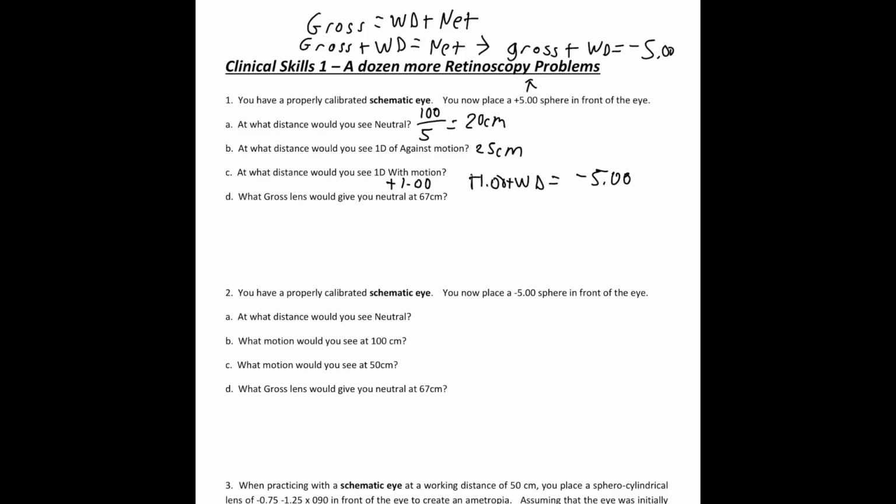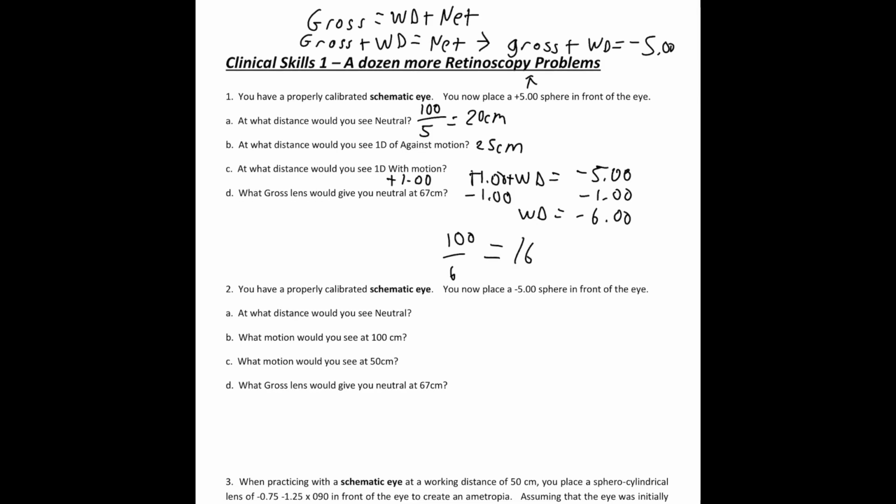So now, if we solve for working distance, we do -1, and then we get working distance equals -6. And so then we do 100 divided by 6, which I don't know, so I have to solve. You get 16.67 centimeters.